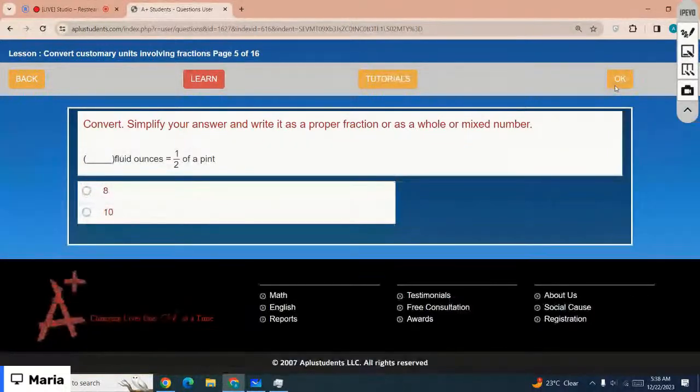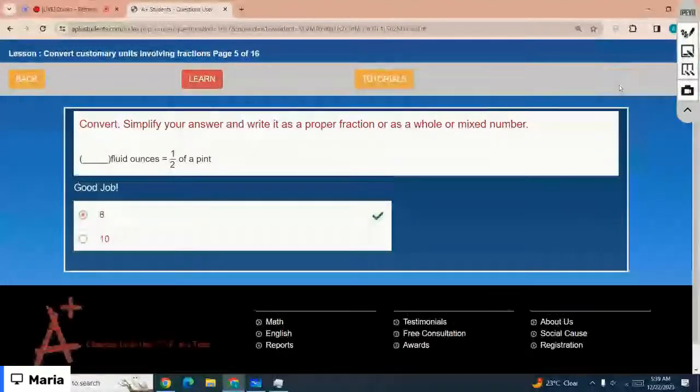Okay, half of a pint equals 8 ounces, right? Because 1 pint equals 16 fluid ounces. So half a pint equals 8 fluid ounces.